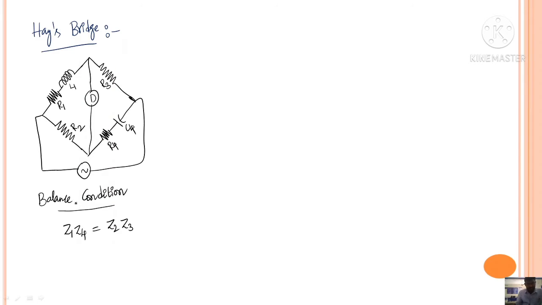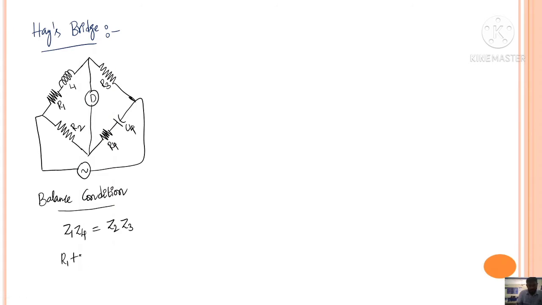Now the capacitance and resistance are in series combination. Whether you represent this in admittance form or in impedance form, there is not much simplification which you will get from the analysis. But here, Z1 is the series combination of resistance and inductance.